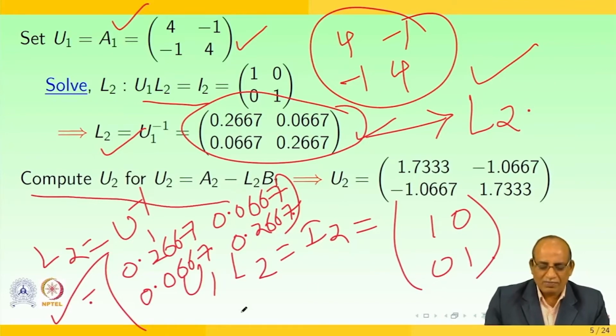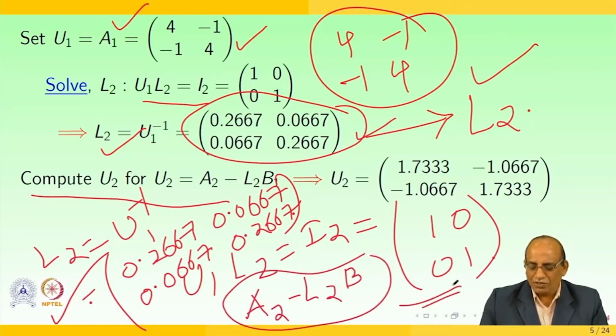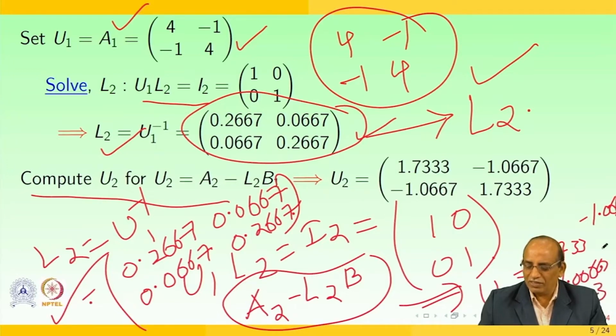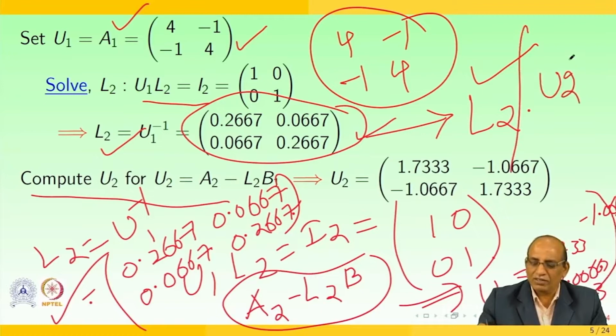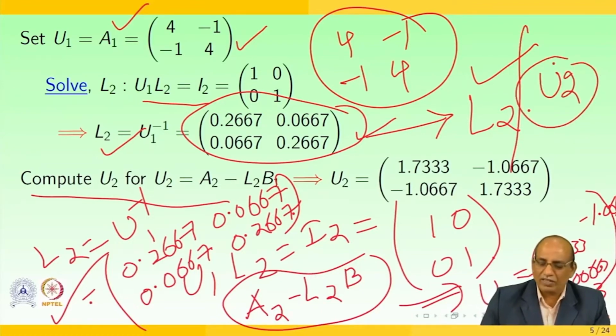U2 is nothing but A2 minus L2 times B. So you get U2 equal to 1.733 etc., minus 1.0667, minus 1.0667, 1.733 etc. This is the matrix U2. So you have got matrix U1 and matrix U2.